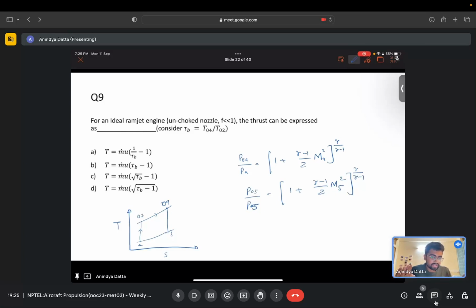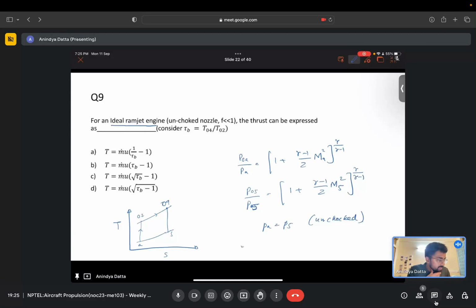That's an assumption here. Now PA has to be equal to P5, since the nozzle is unchoked, which means the nozzle exit pressure will be equal to the ambient pressure.